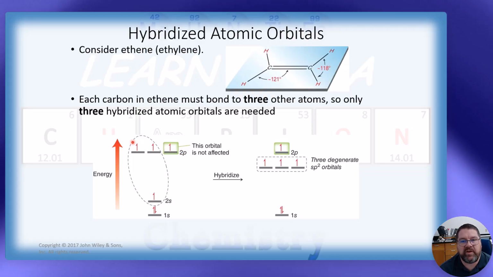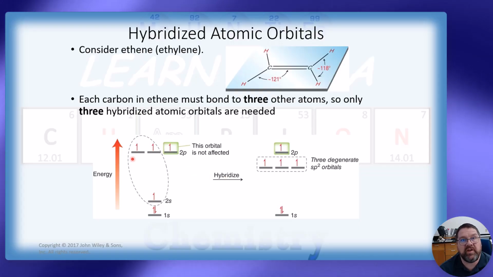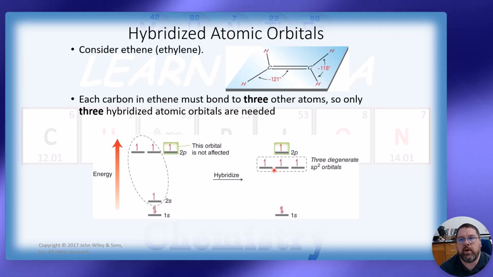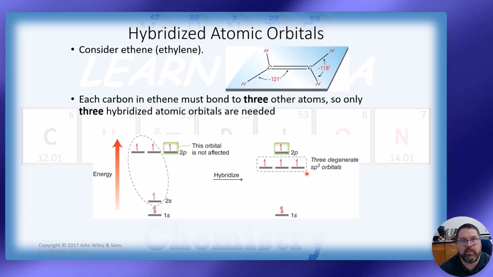And so what that does is, once again, we are going to mix the s and the p orbitals. We're going to hybridize them. We put three orbitals in, we get three orbitals out. And these orbitals are going to be labeled as sp2 because we used one s and two p orbitals to make them up.